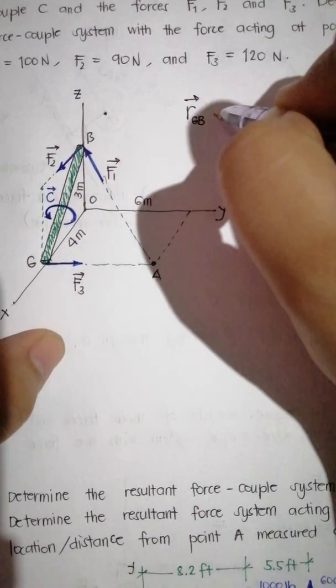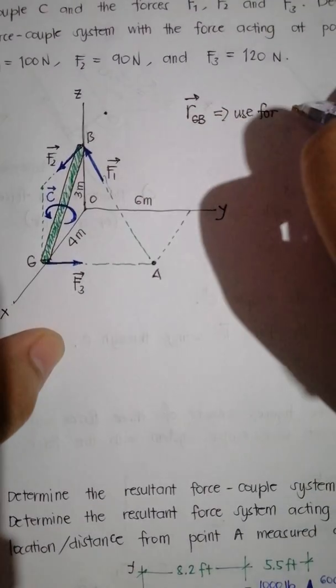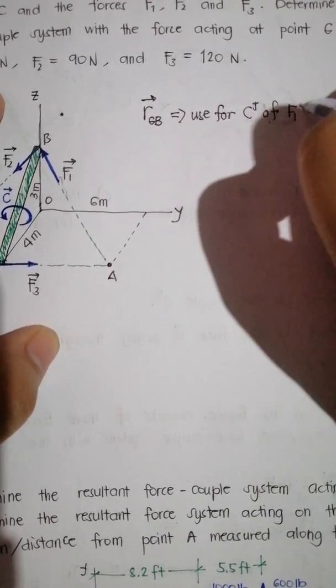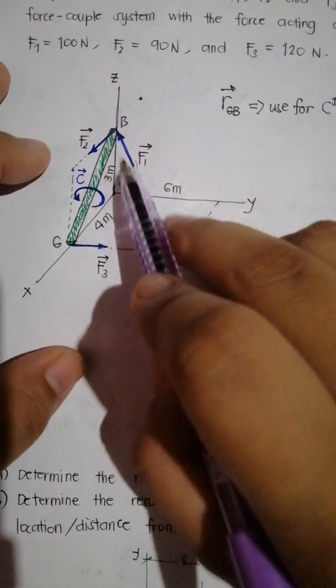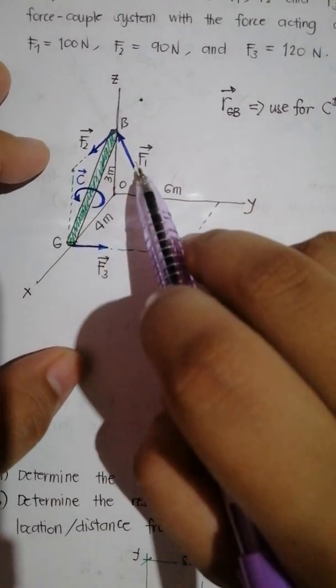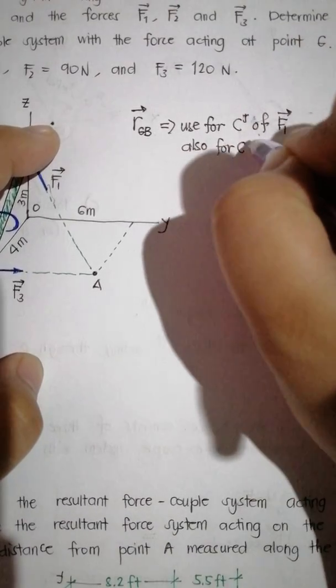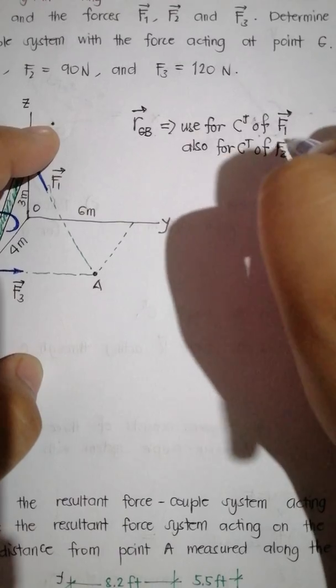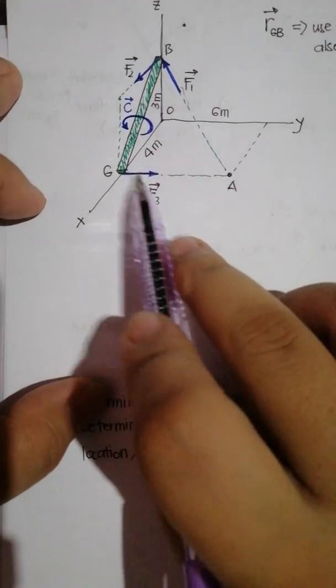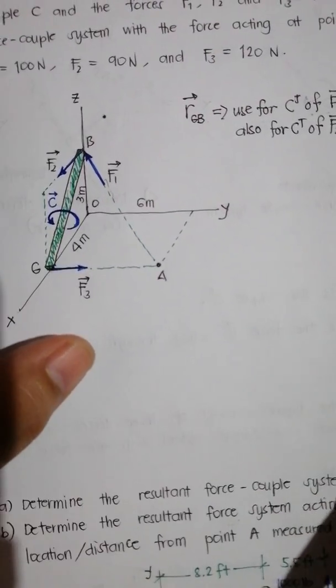Ngayon, this is what we are going to use for the couple of transfer produced by transferring F1 from point B to G. Now, since they have a common point of action, both F1 and F2, then we could also use this for the couple of transfer of F2 as well. Okay, and as for F3, since it's already acting at point G, then we don't have to transfer it, so no couple of transfer for it.